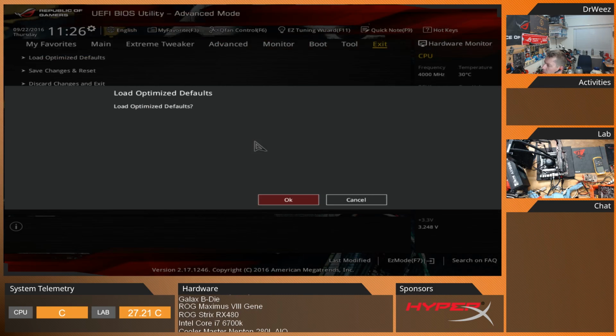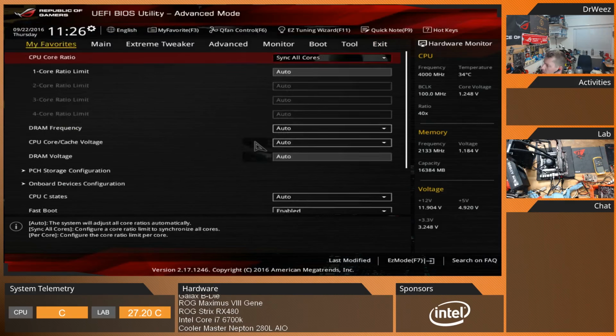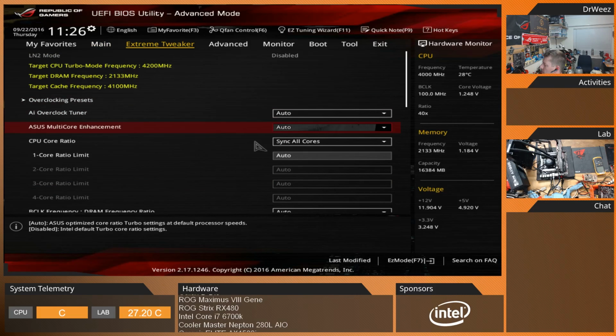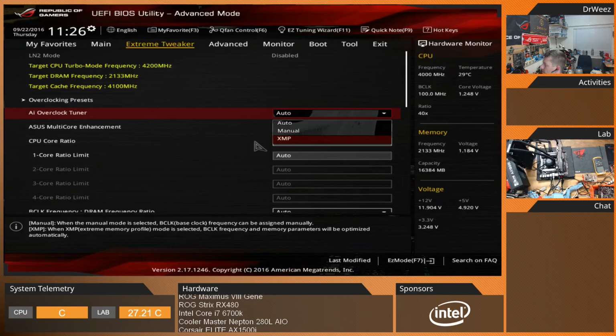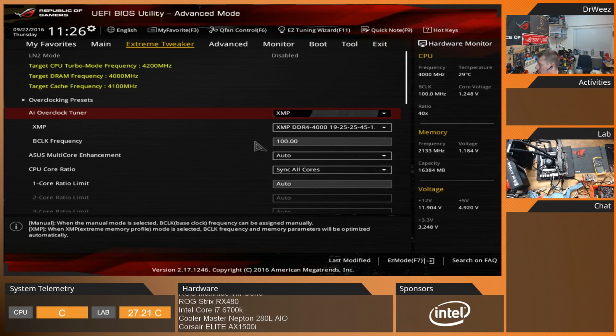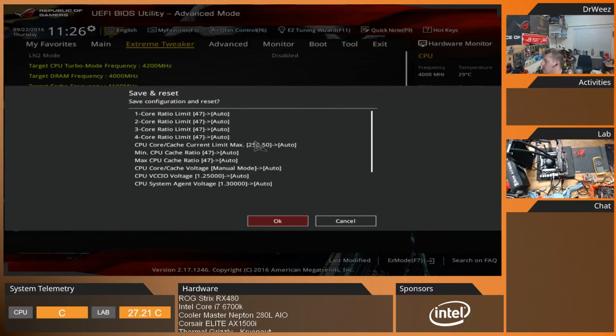I want to go to load up my defaults, and then I want to go to XMP. Let's just see if this memory even does XMP without anything being set.